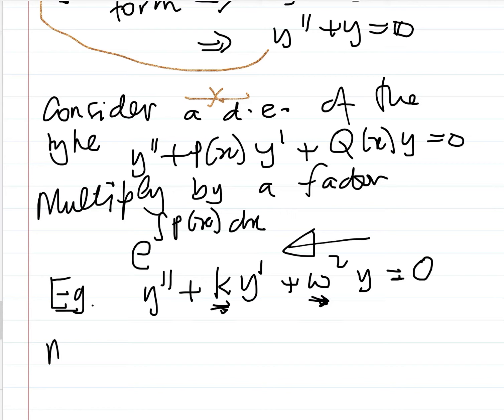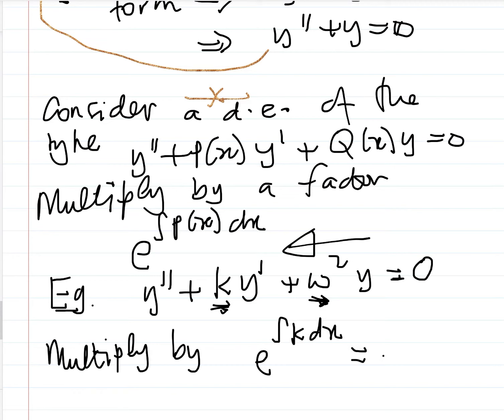So here then we multiply by the variational factor, e to the integral of k with respect to x. K is a constant, so this is e to the, very simply, k goes out, dx. Well, you integrate dx with respect to x, you just get x.